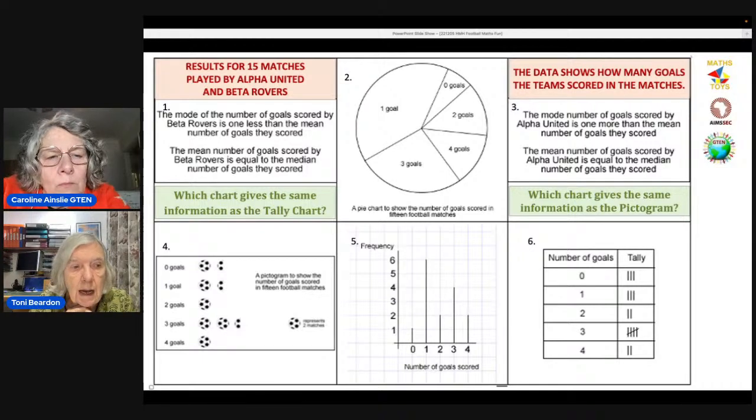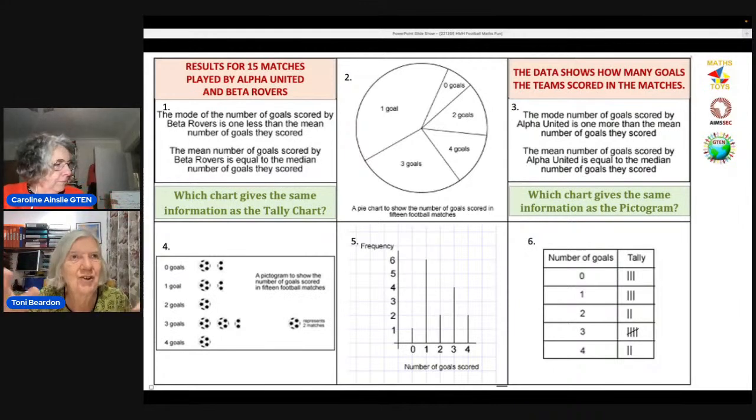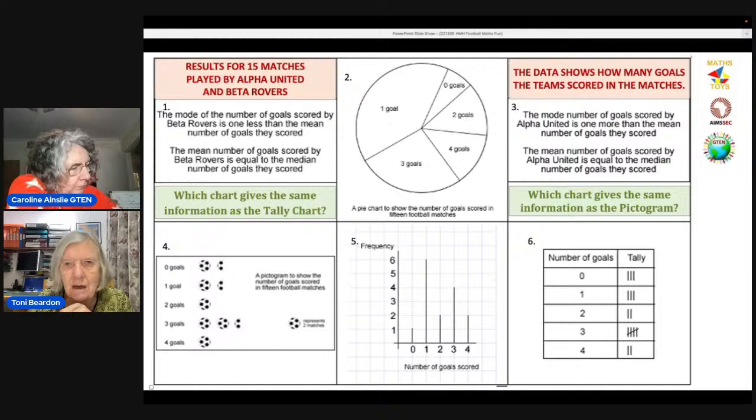Okay. So you've got to pick out pairs and put them together. And then if we're going to find out which is which, you've got to work out, well, if you're a teacher and you're going to offer them this in a lesson this week, then the learners need to work out mean, median, and mode.